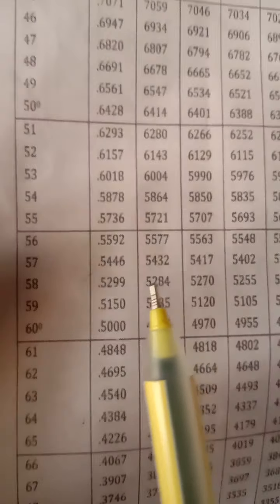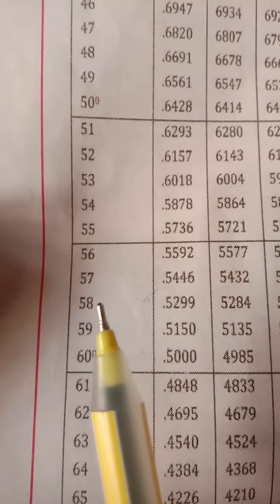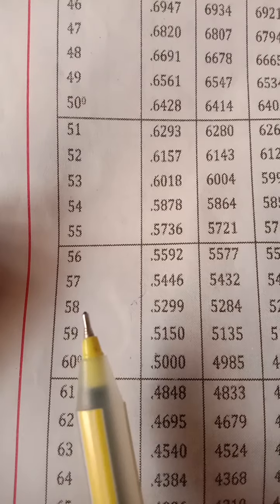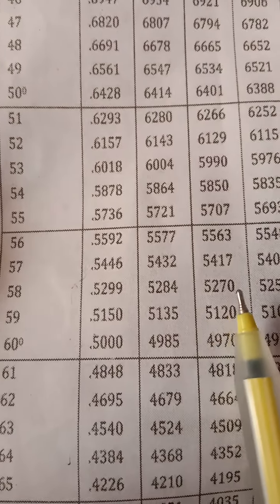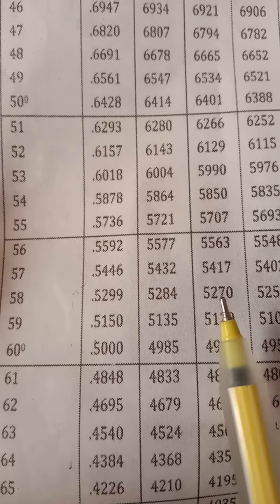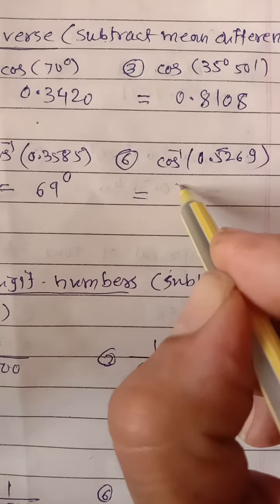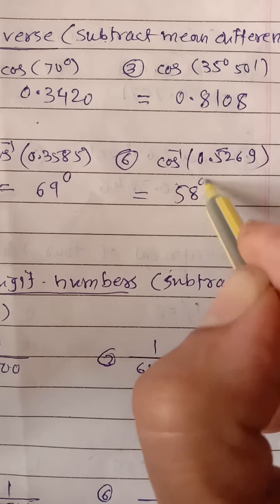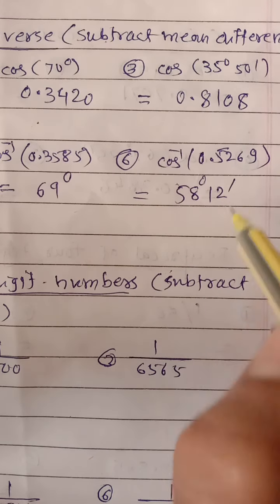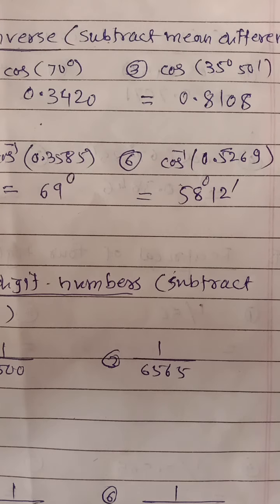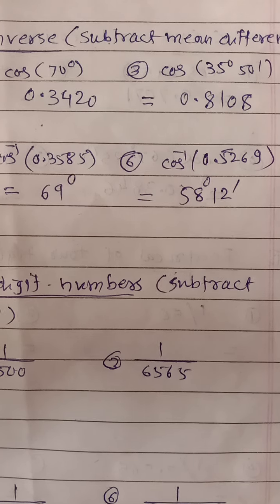The respective value in terms of degree is 58 degree. So it will be 58 degree 12 minutes. A negligible difference will be neglected in this case to find the values.